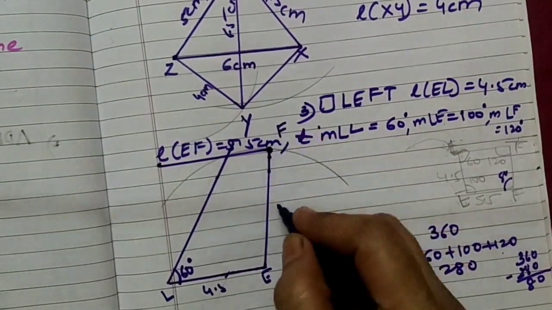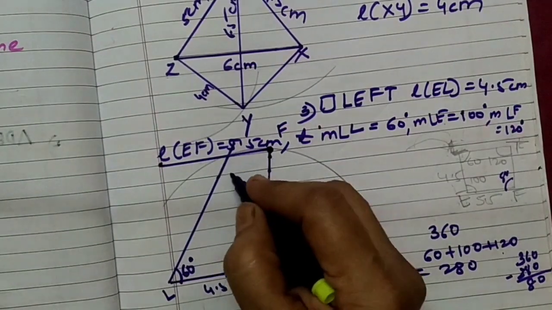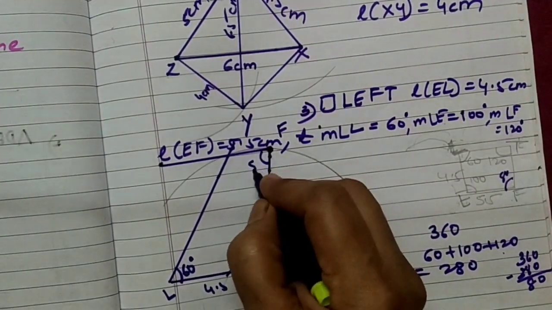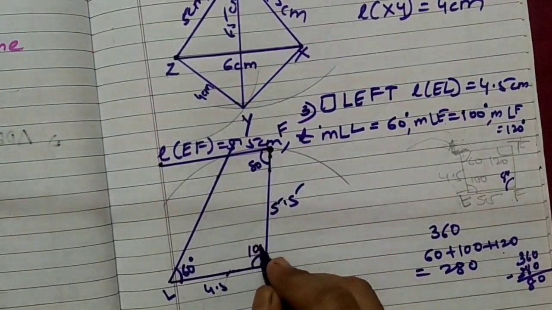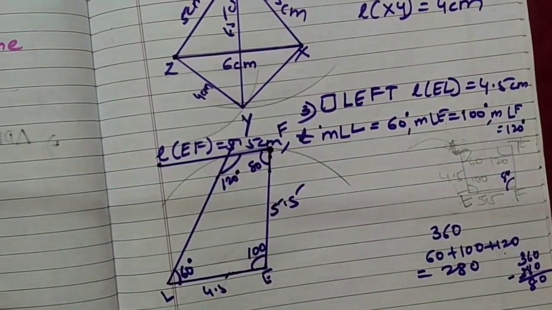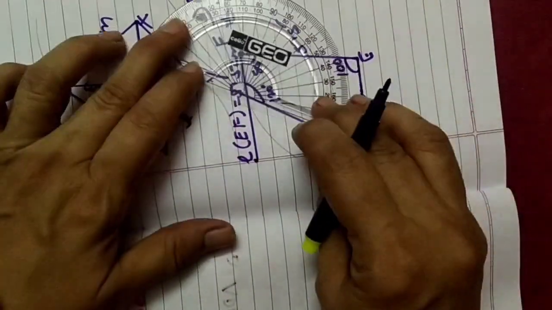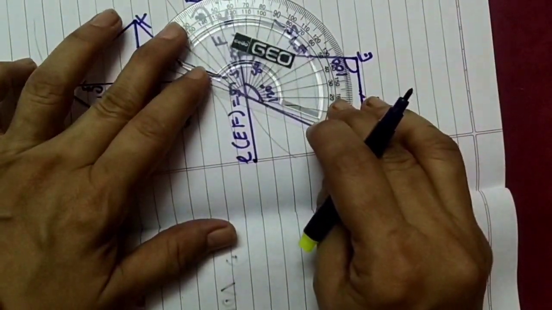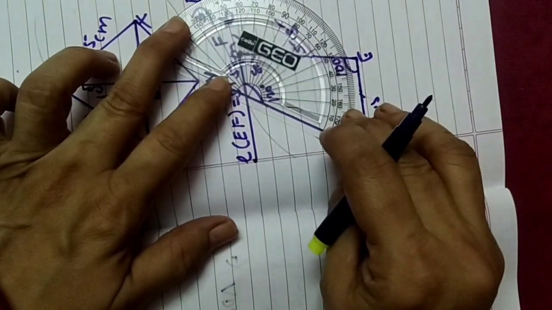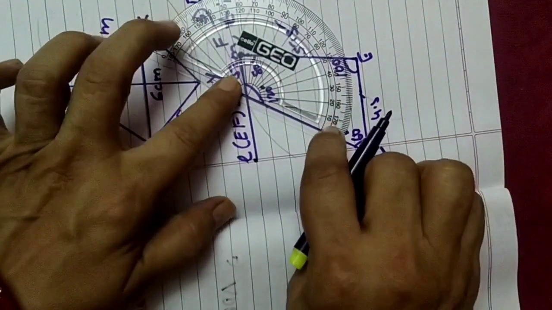This is 5.5. Because this angle is 80 and this angle is 100, this angle will be 120. Let us check whether it is 120 or not. You check now. Okay, let us check. When you are measuring the angle over here, you have to change the direction of your book.